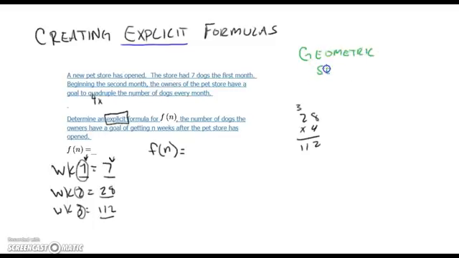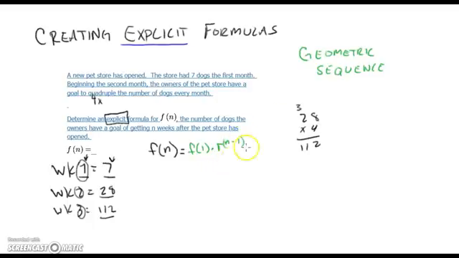Sorry, sequence. That sounds just like a geometric sequence. So if you remember geometric sequences, f of n was equal to the first value, so f of 1, times however much it's growing by. We'll call that the rate of growth to the n minus 1.